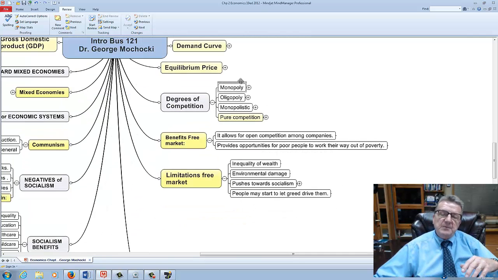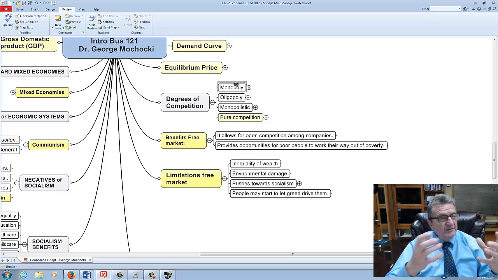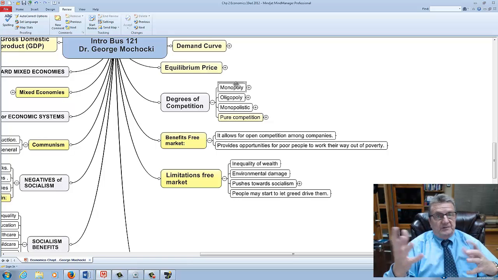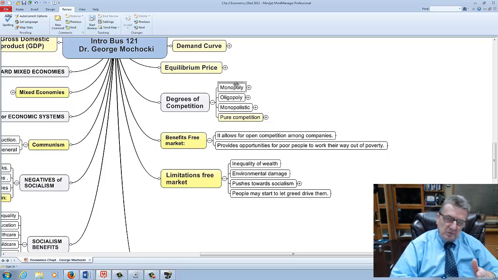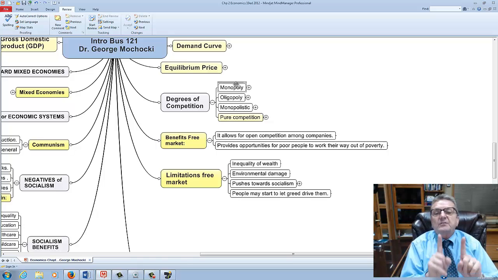The degrees of competition: monopoly. There are very few monopolistic operations, even in the United States. You say, well, my electric company is a monopoly. No, that's really because you can go cogeneration, you could use solar power, you could also buy from different electric companies. Would it make sense, if I have 2 different electric companies and there are no government regulations, that I would have 2 sets of telephone poles or electrical poles?